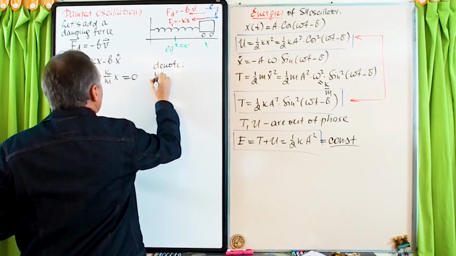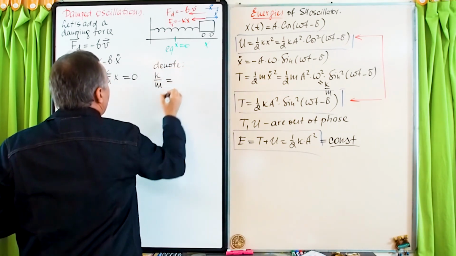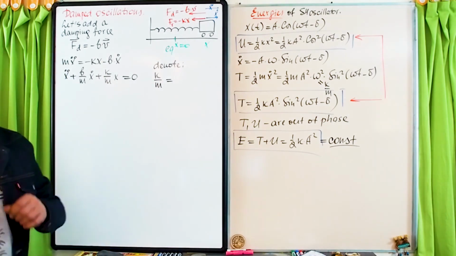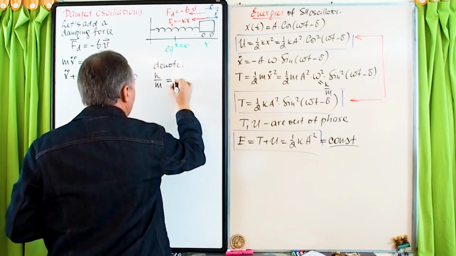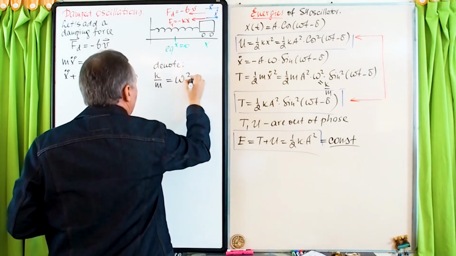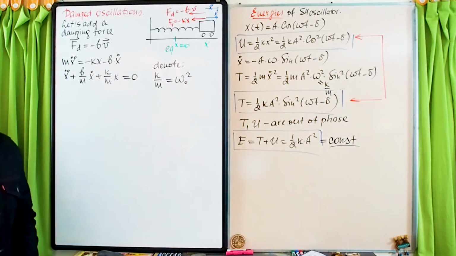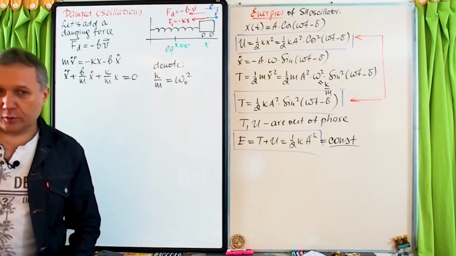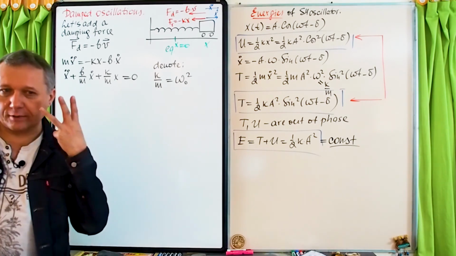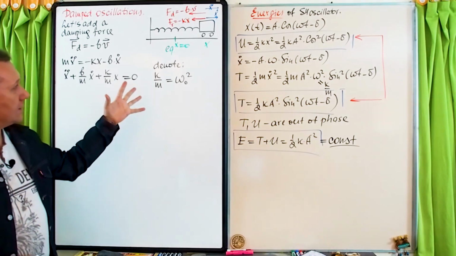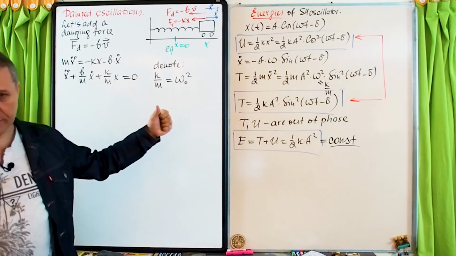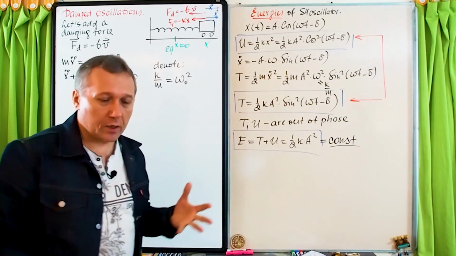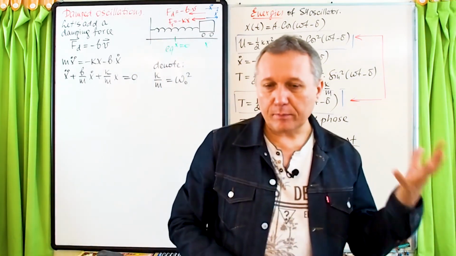First, k over m: we introduce omega naught squared, which is basically the same as omega before, but now we have to be careful with these omegas because we're going to have eventually three omegas. So this is the natural angular frequency when there are no damping forces.